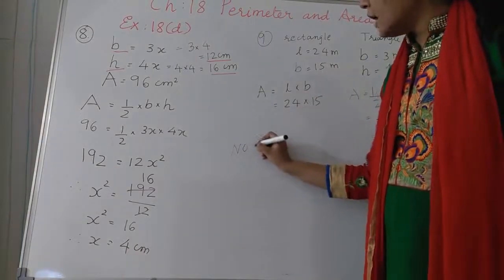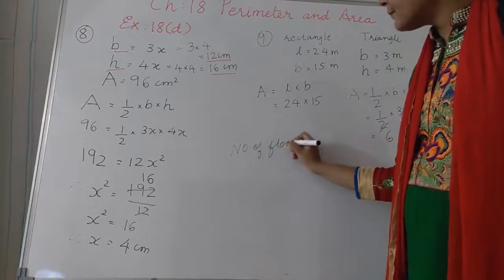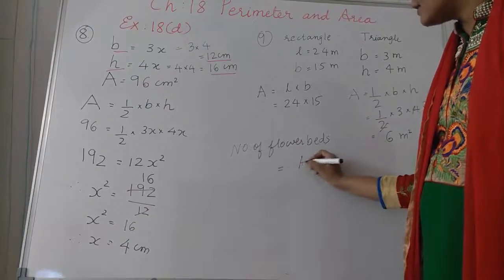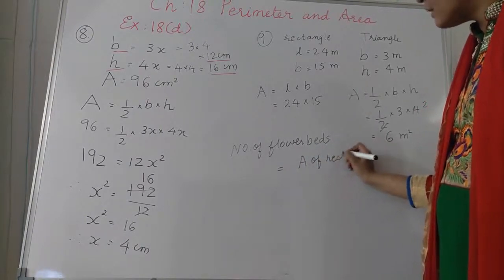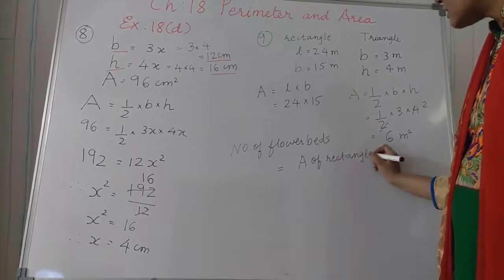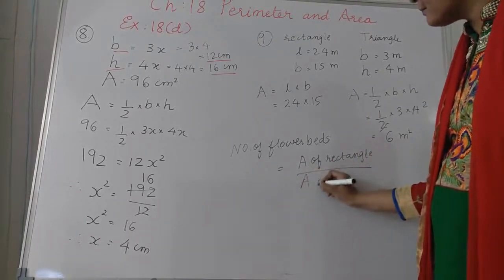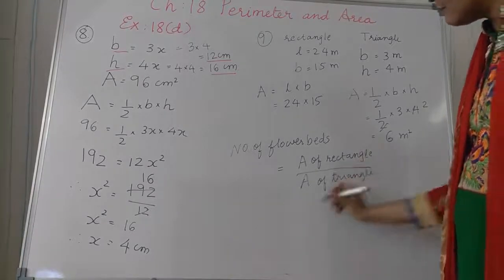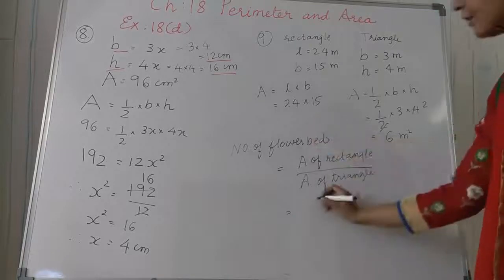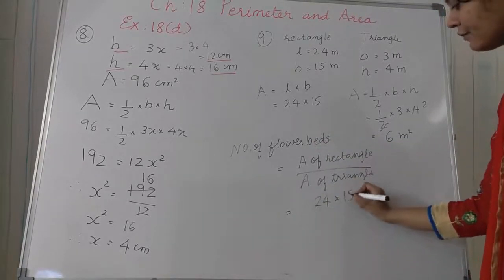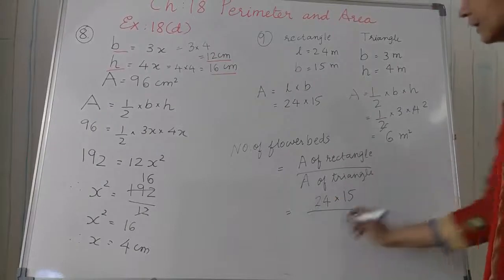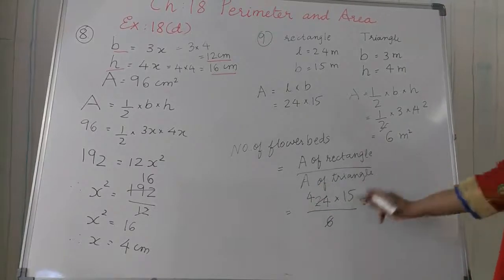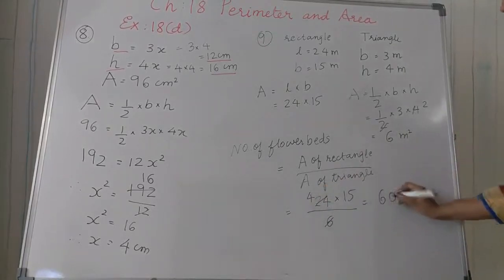So I write number of flower beds is equal to area of rectangle divided by area of triangle. Right, like this we can solve it to get the number of flower beds. So the area of the rectangle I have written 24 multiply 15 and the area of the triangle is 6. So now you can solve it as 6 4s are 24 and 15 4s are 60. So this is the number.